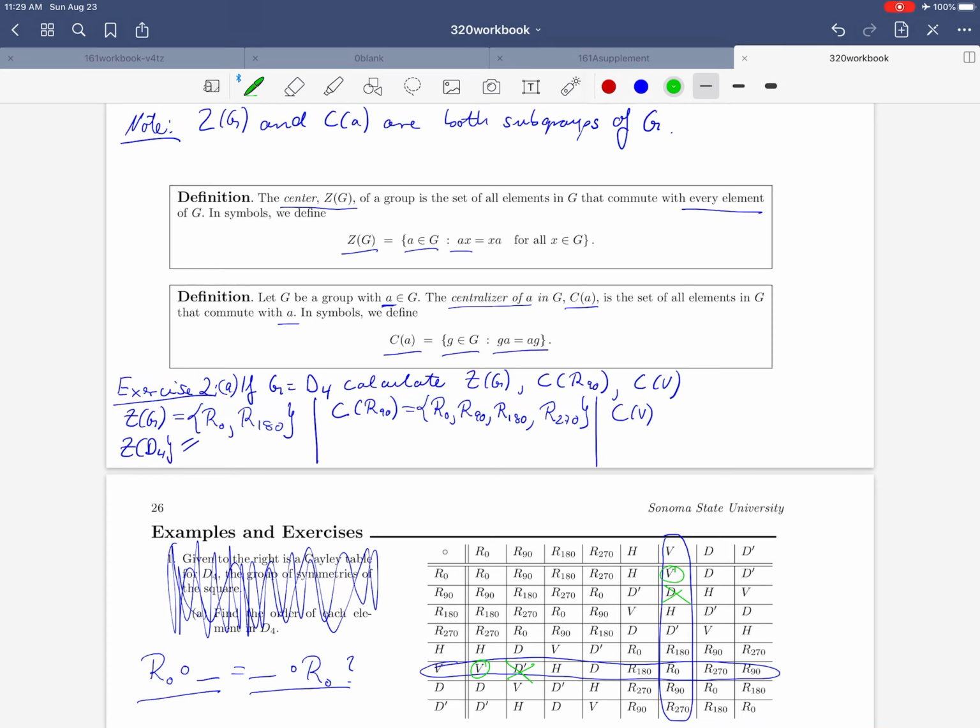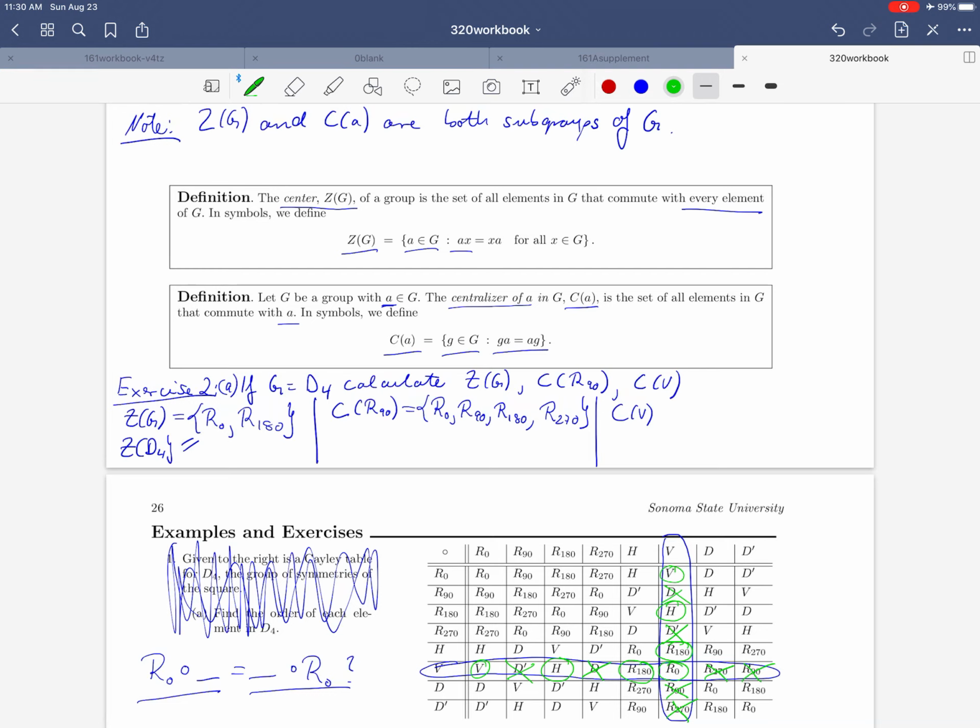It does commute with R180, it looks like, because H and H are the same right here. V composed with R180 is H, and R180 composed with V is also H, so that one works. Okay, next one doesn't, not equal. Then, yep, those are equal. R0, that is okay. But then, different entries.